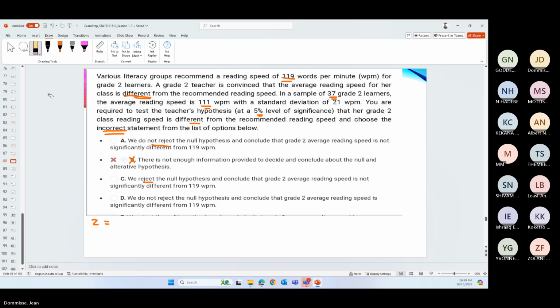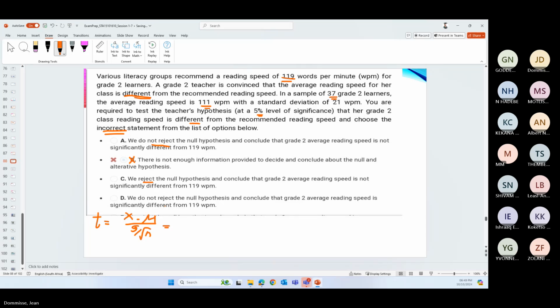When we do the T, we are using the same values. The only difference is we write it as S divided by the square root of N, but we are actually working out a type of Z answer.